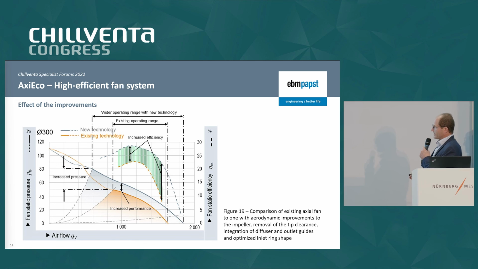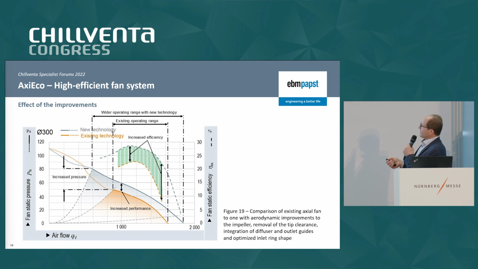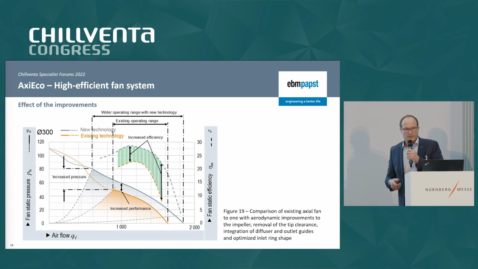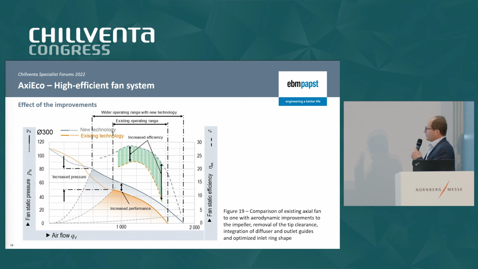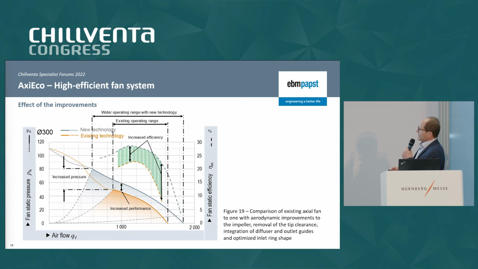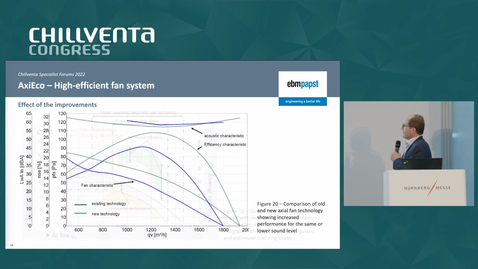In both cases the same motor, but with the AxiEco, much more air performance. That means we have a wider operating range with the new technology. We have more pressure reserve, for example, when it comes to ice buildup on a cool evaporator. And furthermore, and most importantly, we have a much higher efficiency curve of the AxiEco compared to the standard axial fan.